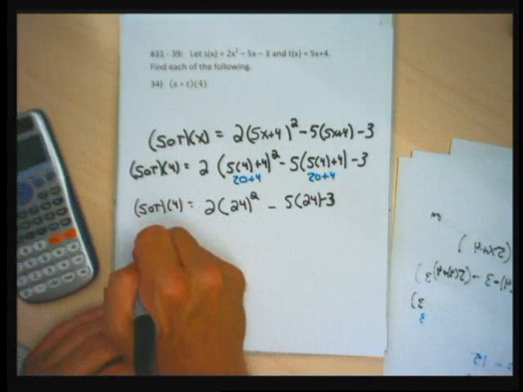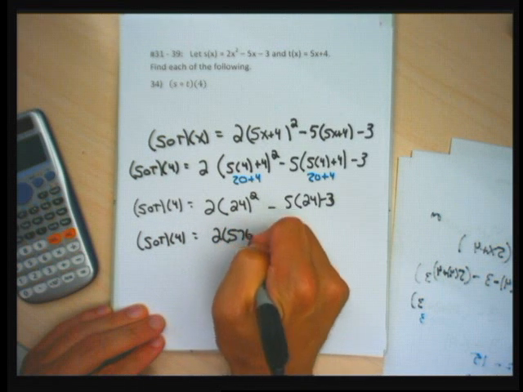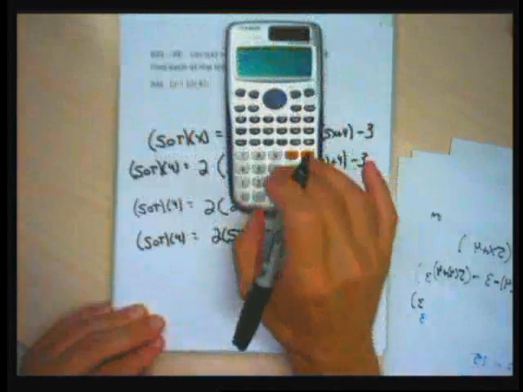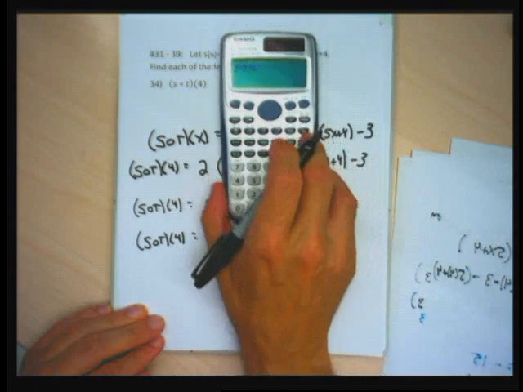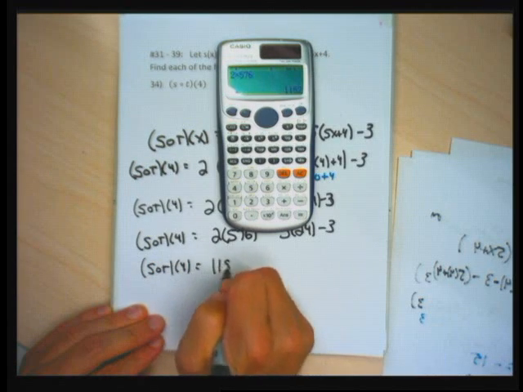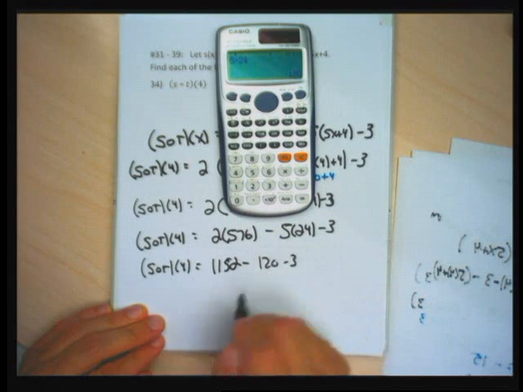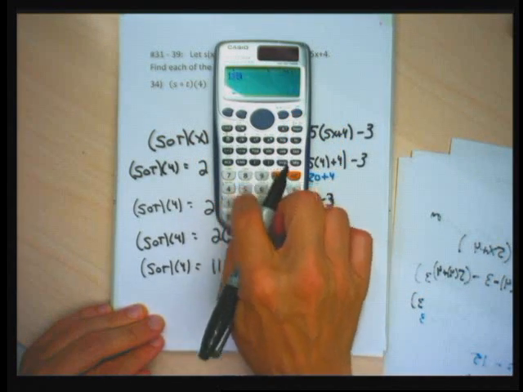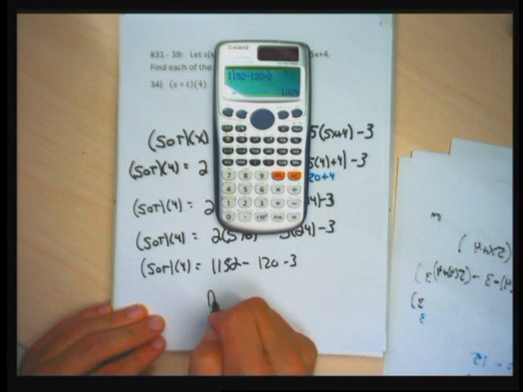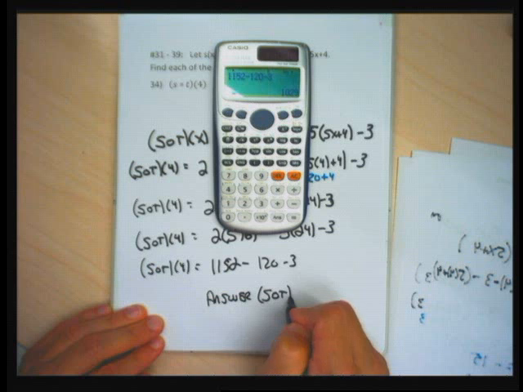So this is going to be s composed with t of 4 equals 2 times 576 minus 5 times 24 minus 3. 2 times 576 equals 1152, so I get s composed with t of 4 equals 1152 minus 5 times 24 is 120 minus 3. So 1152 minus 120 minus 3, I get 1029 for my answer. I'm going to double check this and do the whole thing on my calculator.